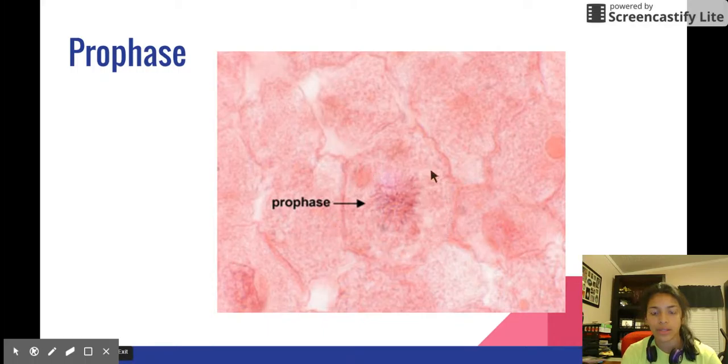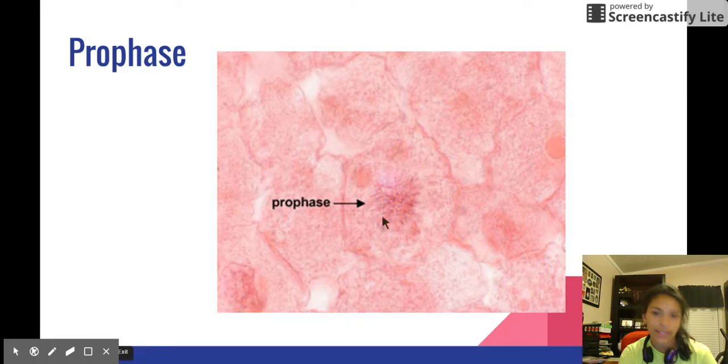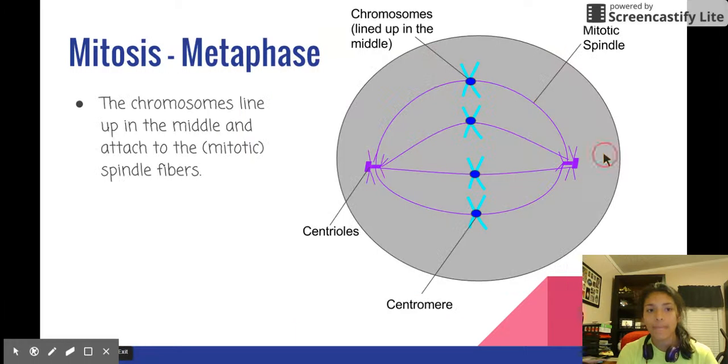So here you can see prophase occurring in the cell. The second phase of mitosis is metaphase. In metaphase, the spindle fibers attach to the chromosomes, and the centrioles are on both sides of the cell.